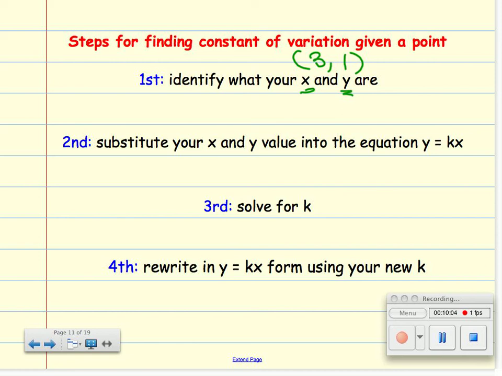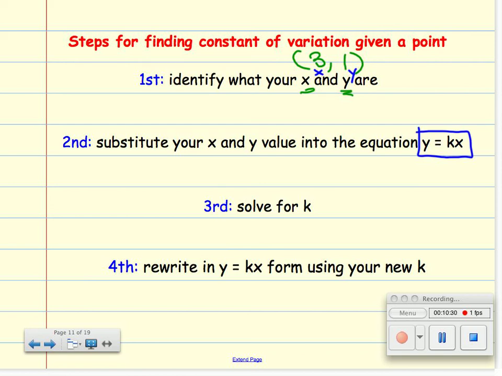What is the constant of variation? What is that k? So you're going to have to find your x, y. So x is my 3, y is my 1. And then the second step, I'm going to substitute my x and my y value into this equation.